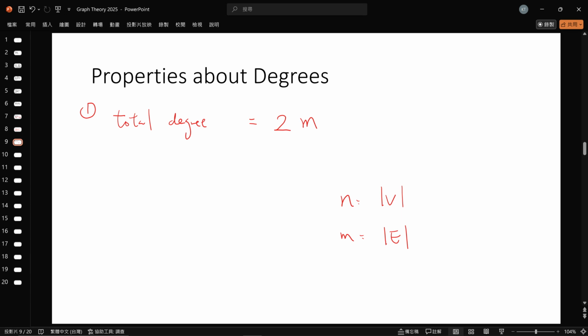So do you have a proof for this equation?